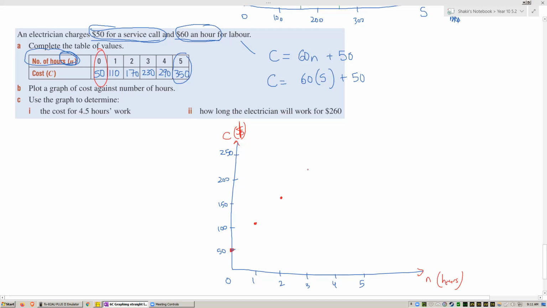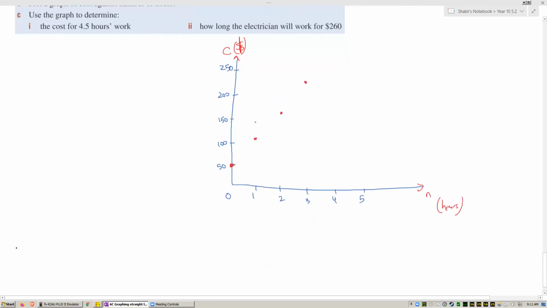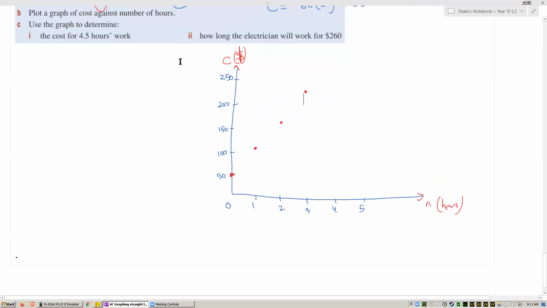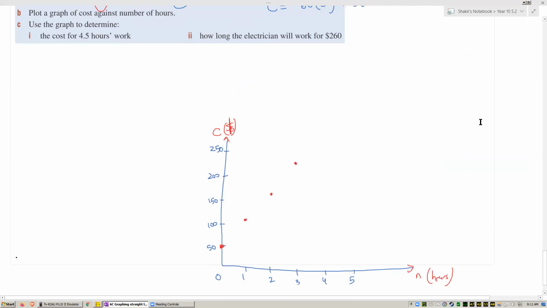Anyway, 3 is at 230, so maybe around over there. And 4 is at 290. And look, I made a mistake because my axis doesn't go up enough. And the good thing about doing it digitally is that I can adjust.